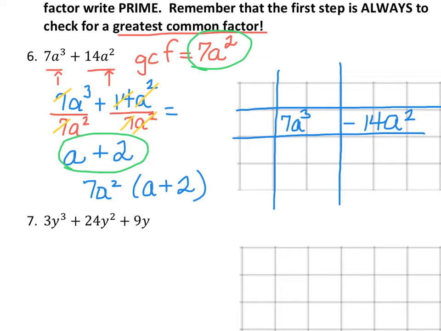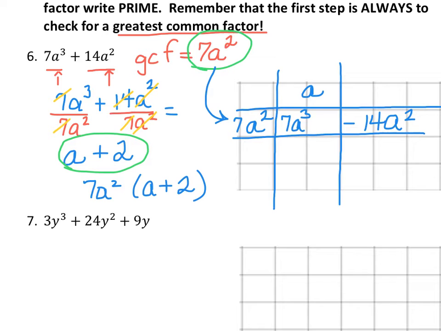And you see that your greatest common factor is, of course, 7a squared, because you have a factor of 7 in both of these. And you have an a squared. So then you ask yourself, what do I need to multiply 7a squared by to get 7a cubed? And of course the answer is a.